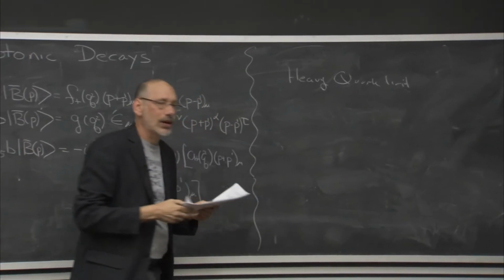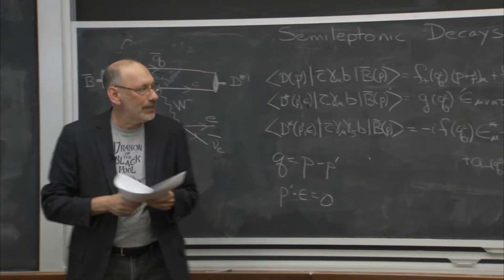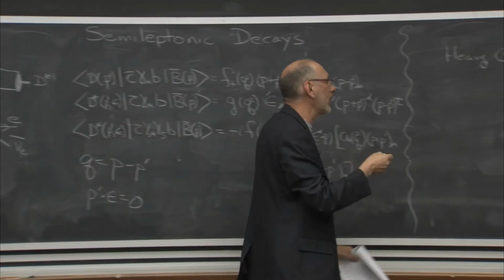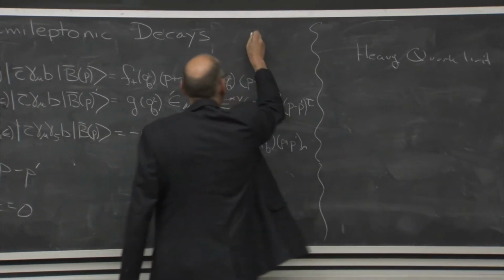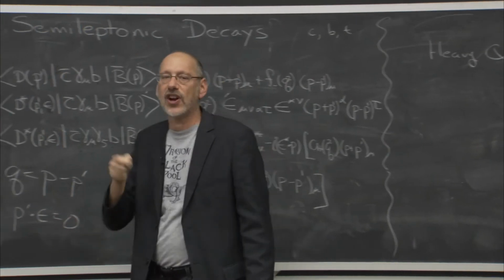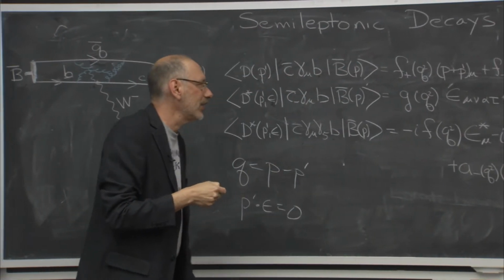And in the heavy quark limit, we consider quarks of the same velocity, different quarks, let's say charm and bottom. The heavy quarks will end up being the charm, the bottom, and the top. And they're heavy in the sense that their masses are much greater than the scale of the strong interactions, lambda QCD.